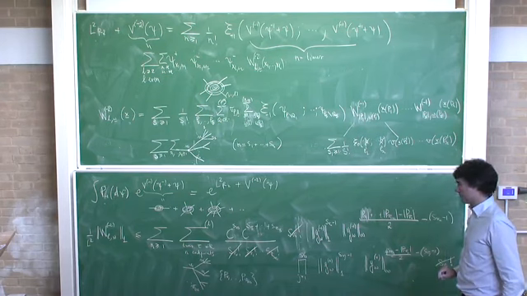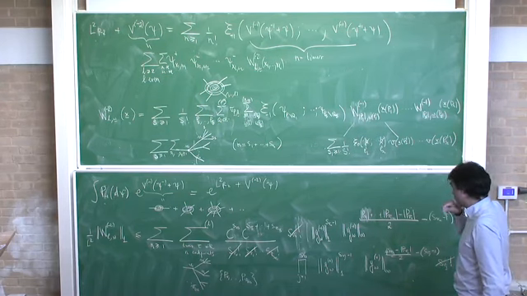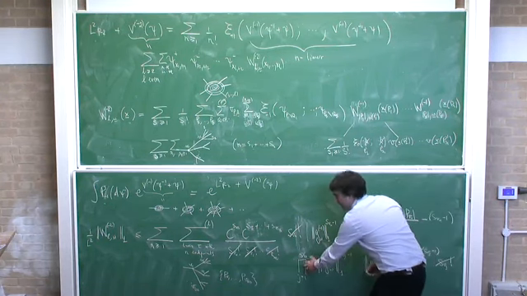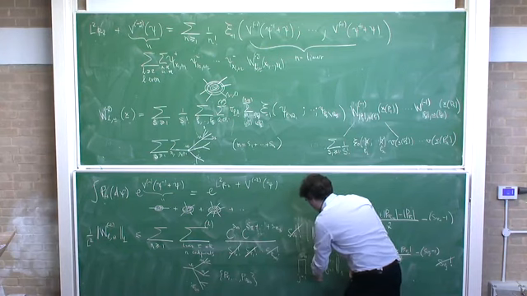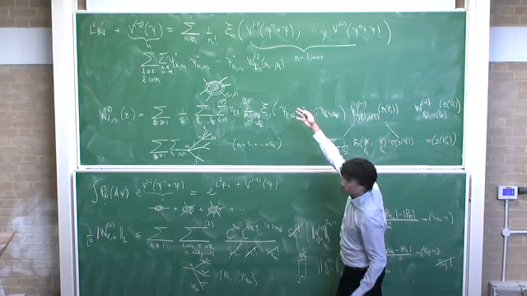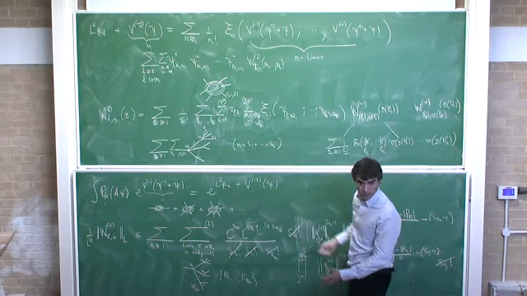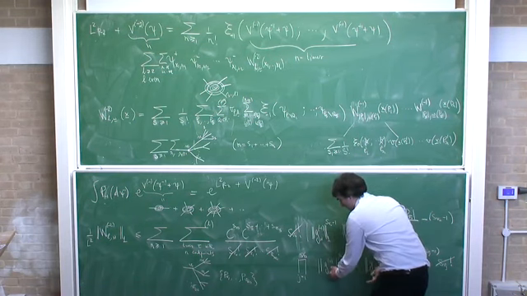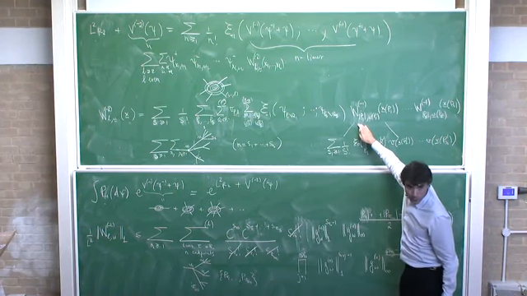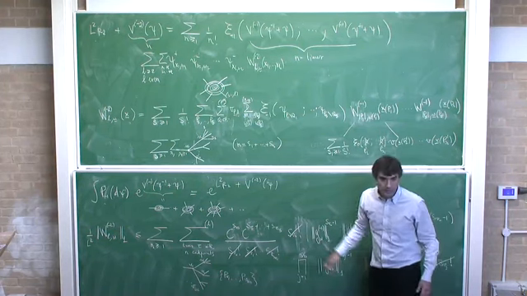But for the G, not for the W. That's for G. These sums over SVJ were exactly the L1 bound on W minus 1. So if you first make the sum over SVJ, you reproduce the bound on the L1 norm of W1, and that is inserted here.